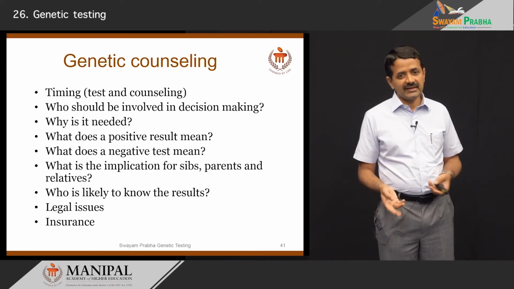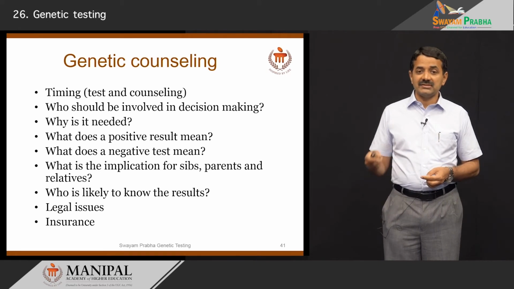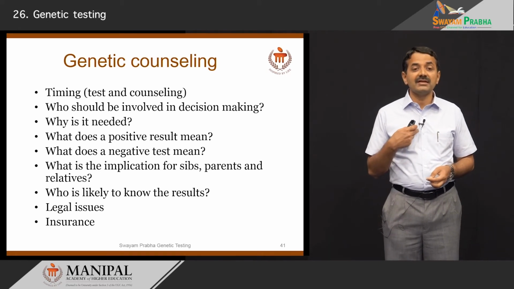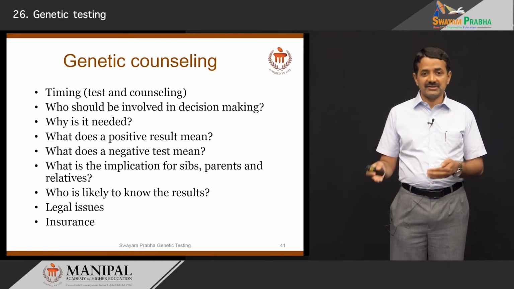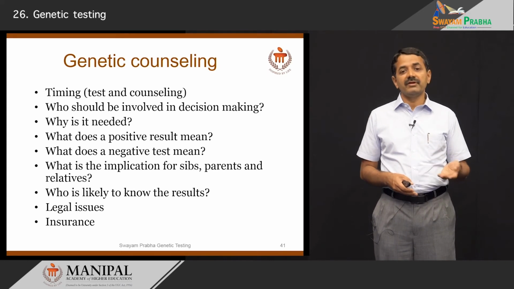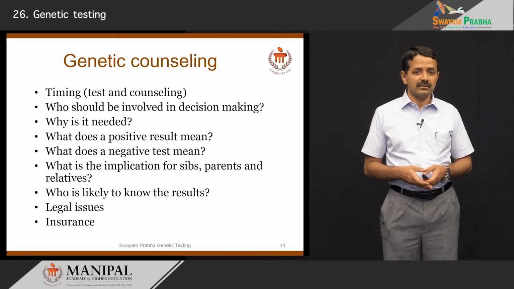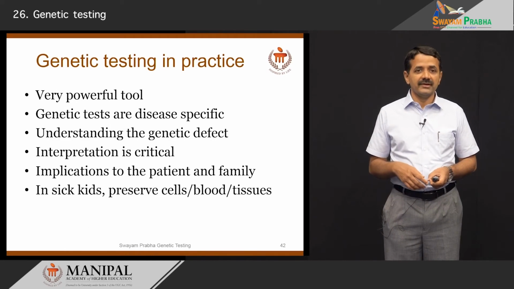A negative test often indicates that we have not identified a cause. What is the implication for siblings, parents, relatives, a lot of ethical and legal issues, and who is likely to know the result, whether it is a spouse, parents, and even where insurance plays a role in payment of the test, we need to consider these things before ordering.